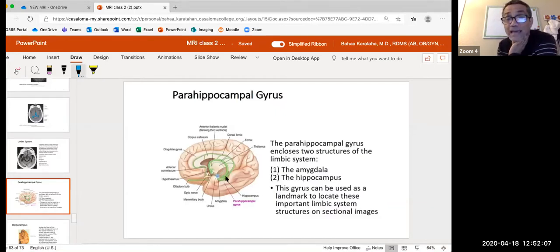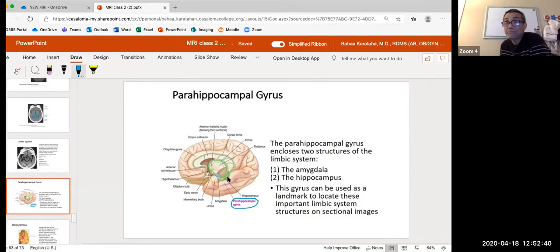So your landmark to detect it will be that big gyri, which we call para. The word para always stands for what? For next to, or toward the side, right and left respectively. So the parahippocampal gyri is a pretty wide, more prominent area, which can be used to detect the hippocampus.